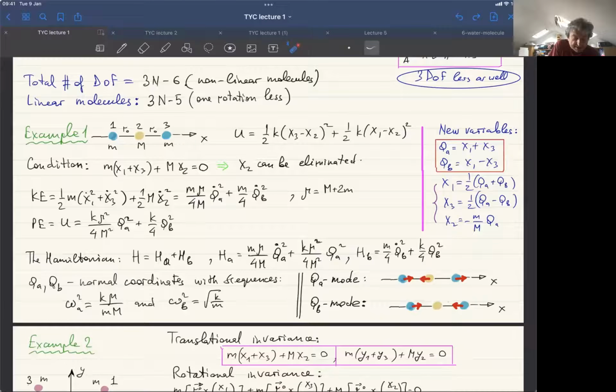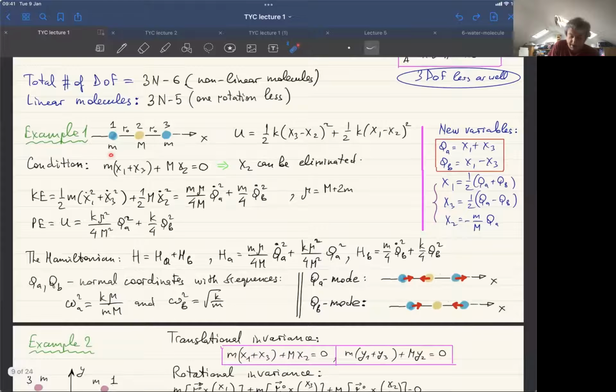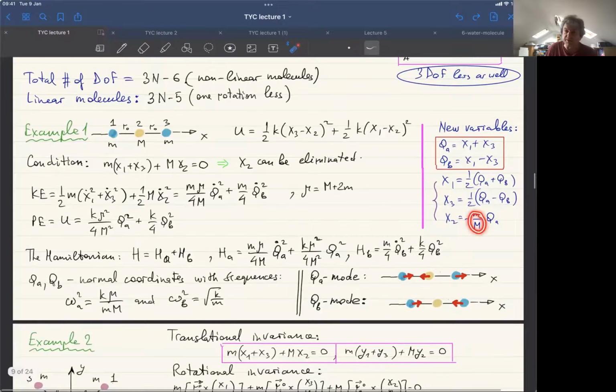And if the mass M is larger than 2 masses m, that prefactor is small, and therefore that displacement would be small, otherwise it would be large. So the first and the third atom move to the right, the middle atom moves to the left, either by a larger or smaller amount, depending on the masses.